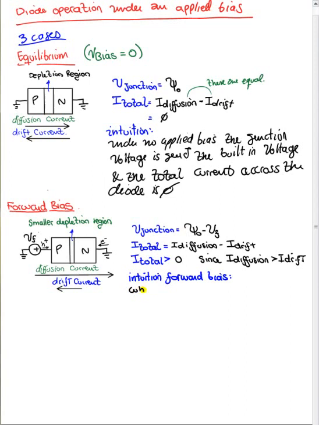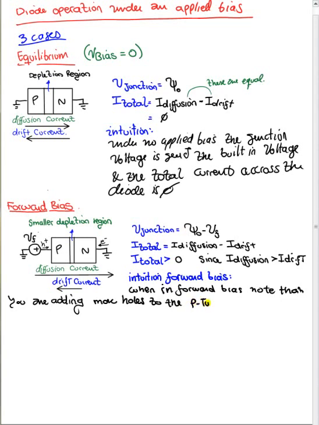When in forward bias, note that you are adding more holes to the p-type material and more electrons to the n-type material.